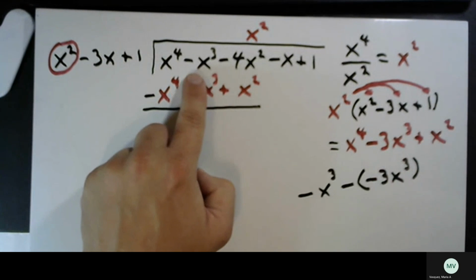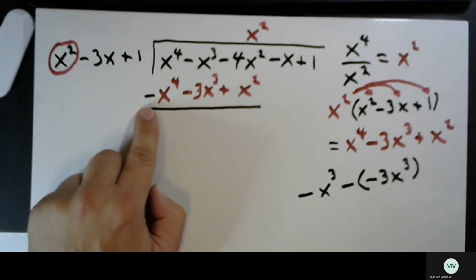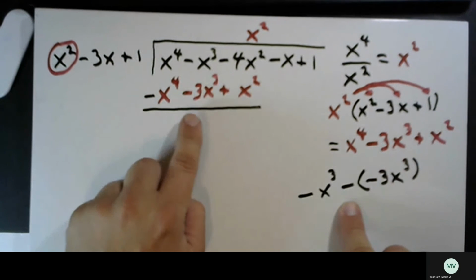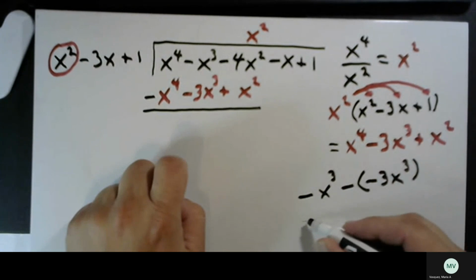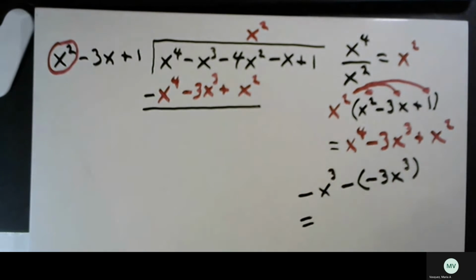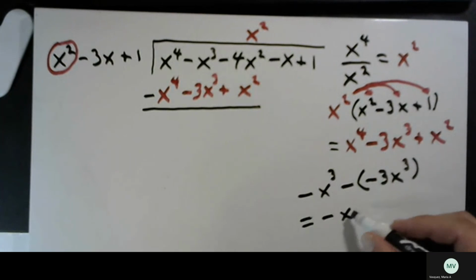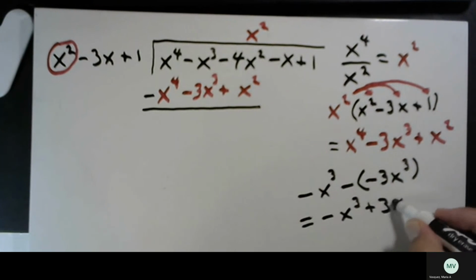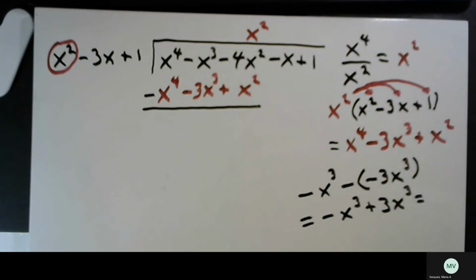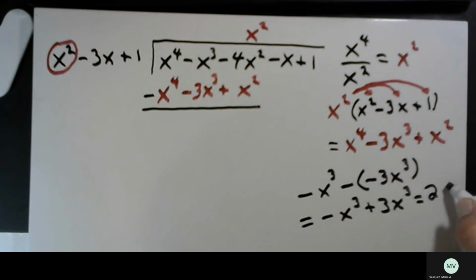Negative x cubed, because it takes the operator with it, minus negative 3x cubed. Well, that's going to be negative x cubed plus 3x cubed. And negative x cubed plus 3x cubed, that's going to be 2x cubed.